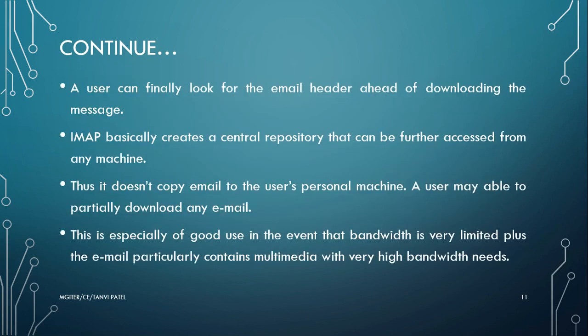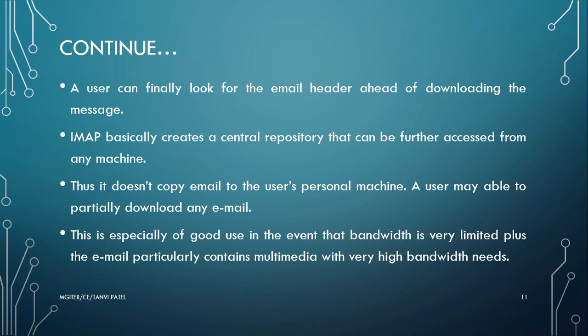Now a user can finally look at the email header ahead of downloading the message. IMAP4 basically creates a central repository that can be accessed from any machine. Central repository means one type of database or warehouse where all emails are stored and anyone can access them from their own machine.